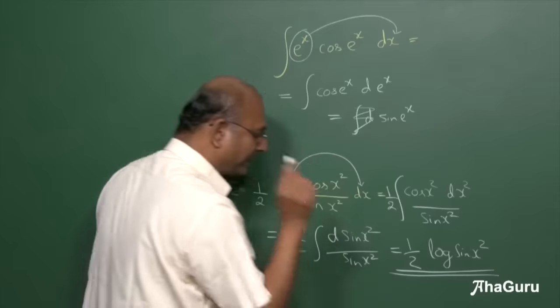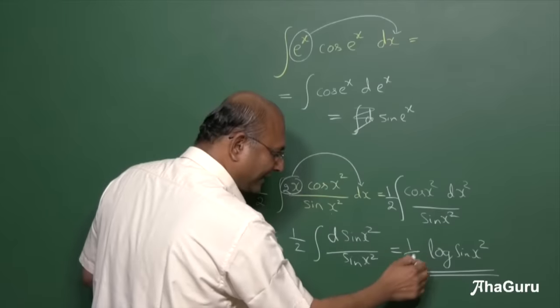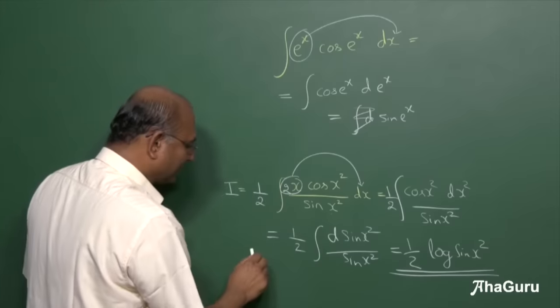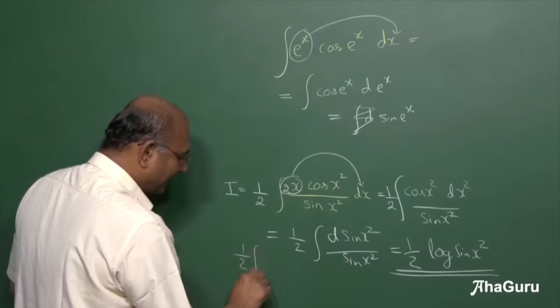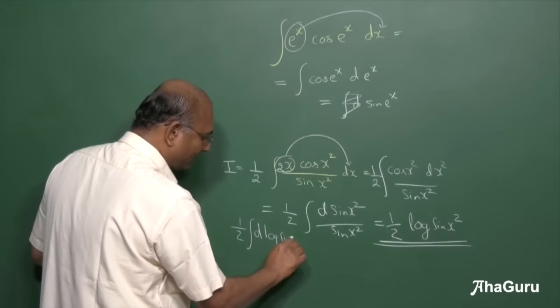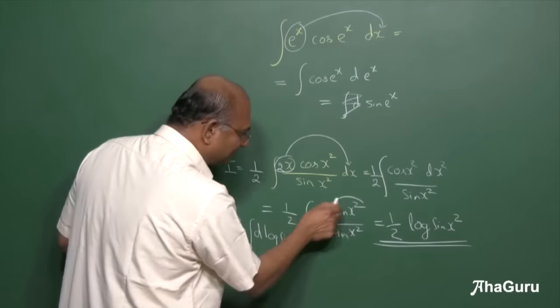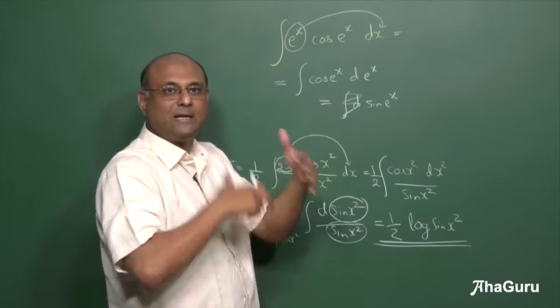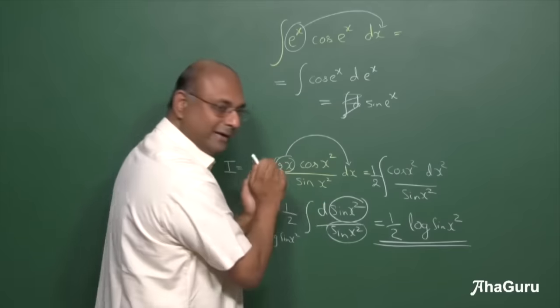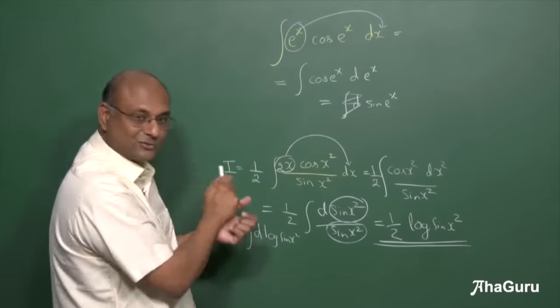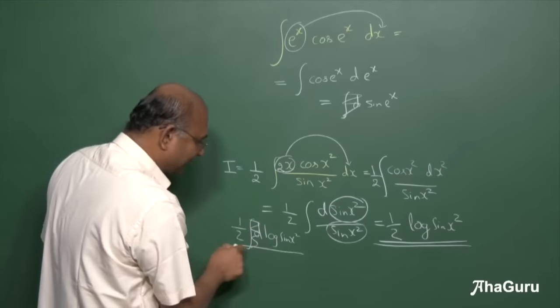So I hope that is clear. I should have technically written an integral and a d, and I just simply removed the 2 because this would have become half integral d of log of sine x square. Why did that happen? Because this was d blob by blob. dx by x, d log x. dy by y, d log y. d sine x square by sine x square, d log sine x square. These two fellows cancel out, so this is our answer.